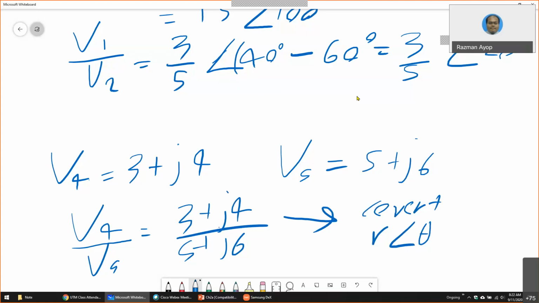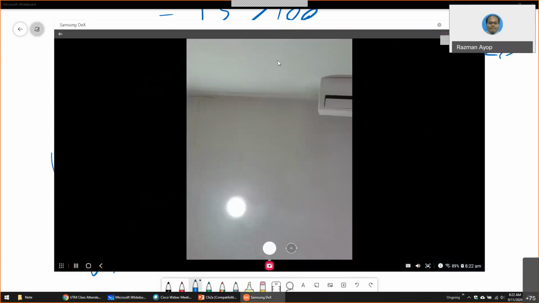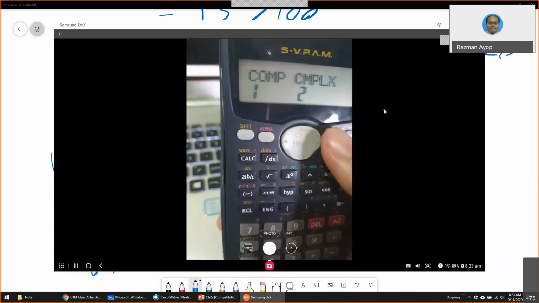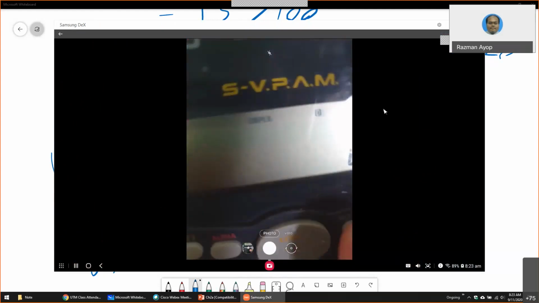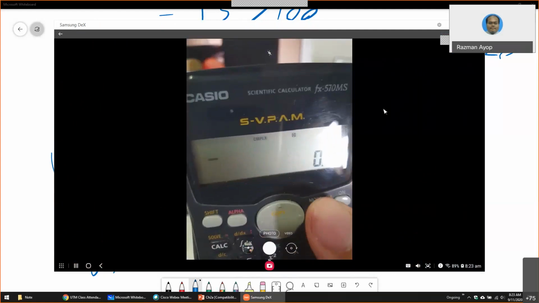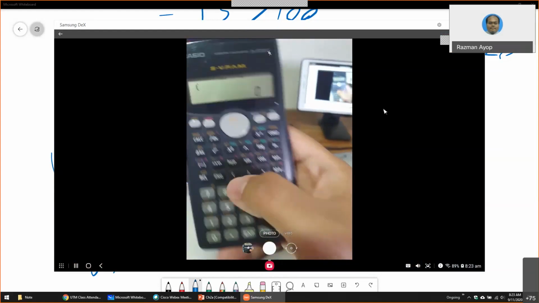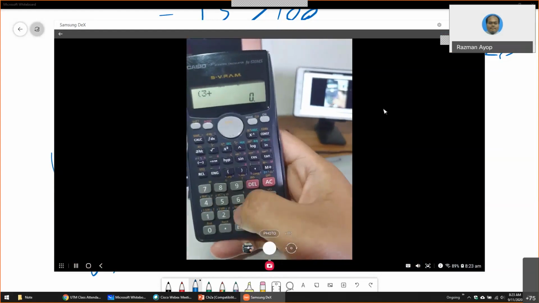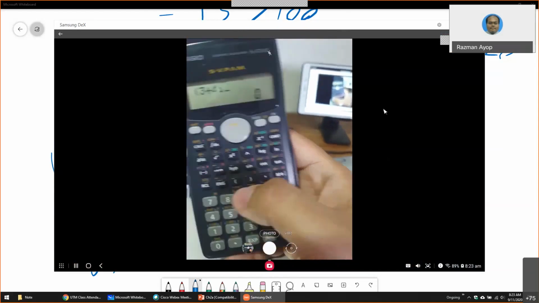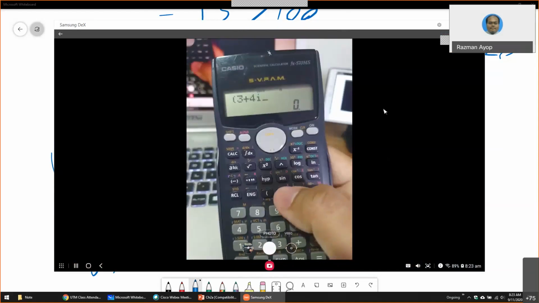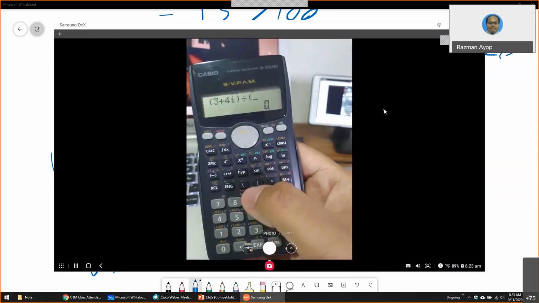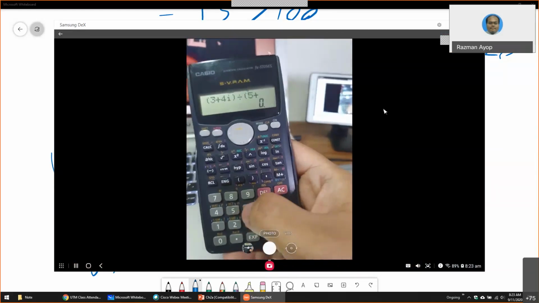So how do you solve this in your calculator? For this case also, you have to go to the complex mode. You can see the complex mode here, CMPLX. Make sure you are careful with the brackets. So 3 plus 4i, or 4j, then divide by 5 plus 6j.